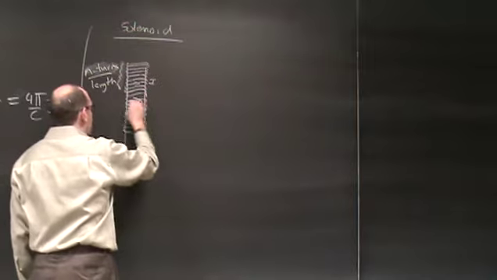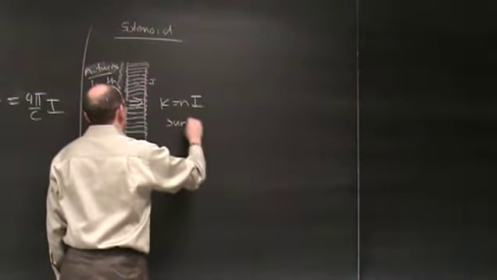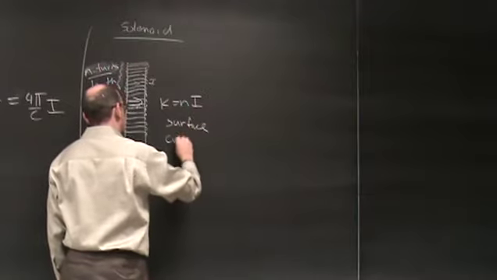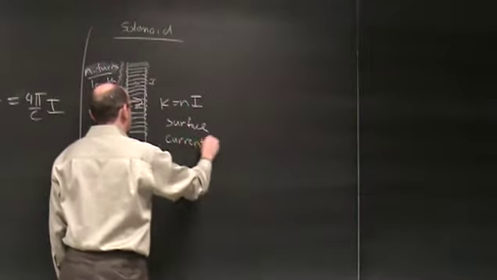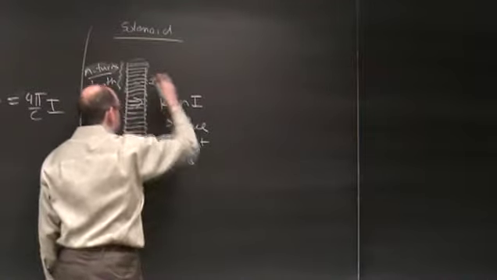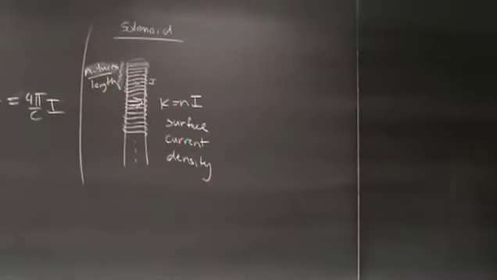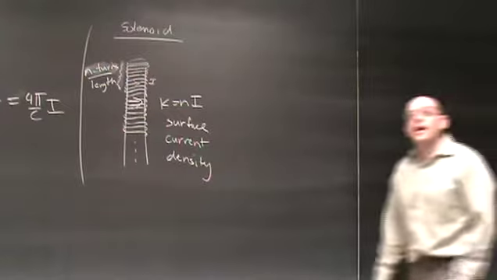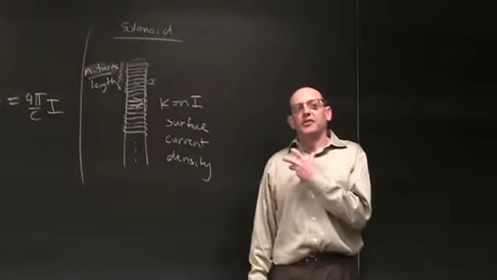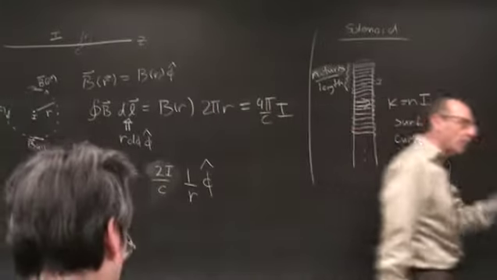I can also think of it as K, the surface current density flowing azimuthally around the cylinder. Okay. So in this case, it's not as trivial: what is the form of the magnetic field of the solenoid? I can do a little more work.